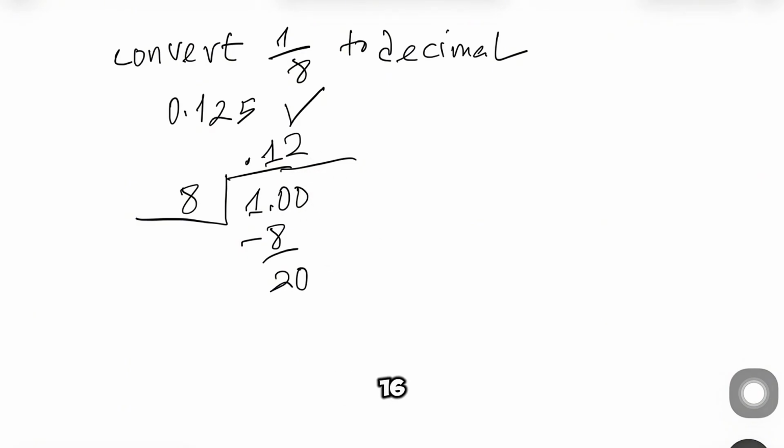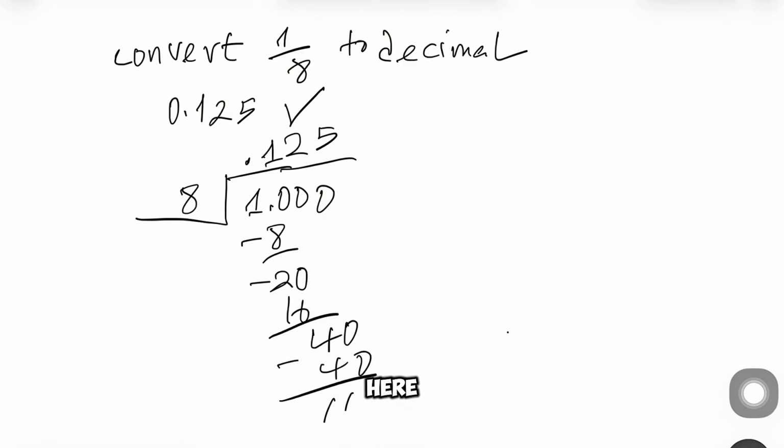That is 16, so 2 times 8 gives us 16. So when we subtract this, it's going to give us 4, right? 4 cannot divide 8, so we have the third decimal place, so 40 over here. 40 divided by 8 is going to give us 5. And 5 times 8 is going to give us 40. So you see that there will be no remainder here.